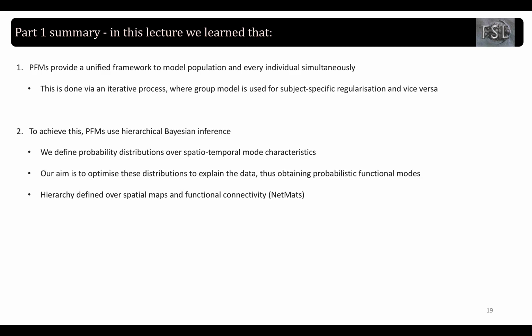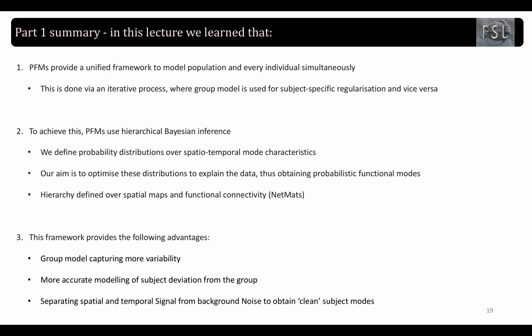In order to enable this, PFMs build a hierarchical Bayesian inference between the population and individuals in a way that they can be used for top-down and bottom-up regularization of each other. We define these hierarchies on 2 key elements of the model: the spatial maps or the spatial topographies of the modes, and the temporal net maps or the functional connectivity between the modes.